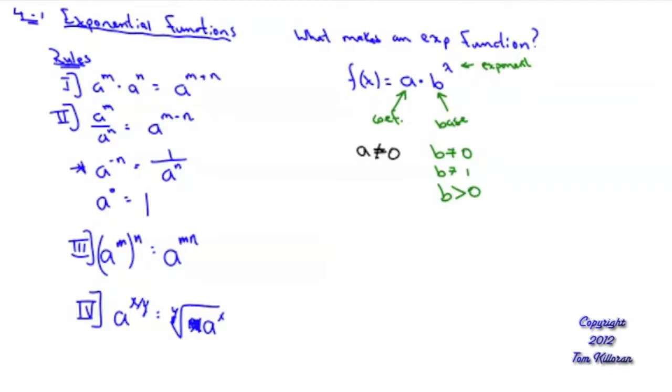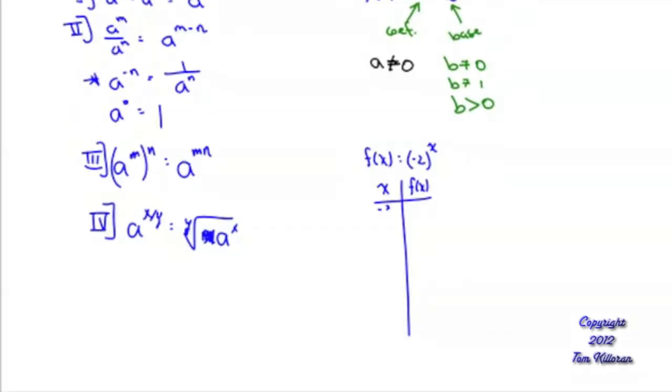Well, here's the reason. If I write this function, f of x is equal to negative 2 raised to the x power, where my base is a negative number, and we try to do a little table with it. Here's x, here's f of x. If we plug in negative 3, what is negative 2 raised to the negative 3?